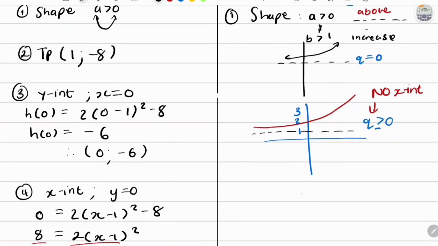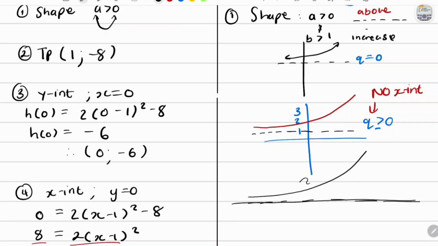And let me explain why with the case where q is equal to 0. If q is equal to 0, it means that your asymptote actually lies on the x-axis. So if your graph is here, since the asymptote is on the x-axis and the graph will never ever touch the asymptote, it will never intersect the x-axis and it will never have an x-intercept.